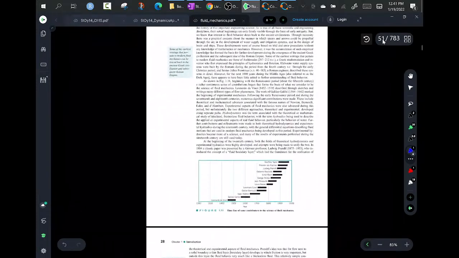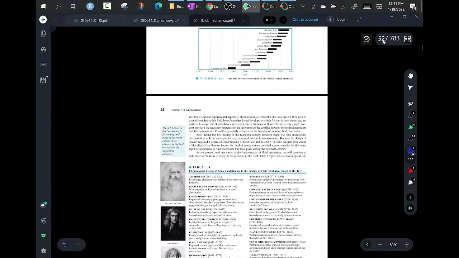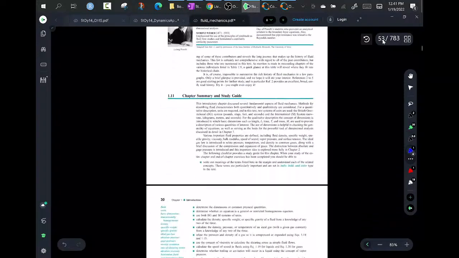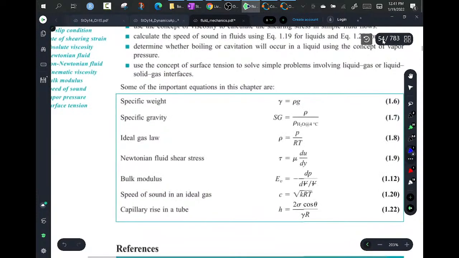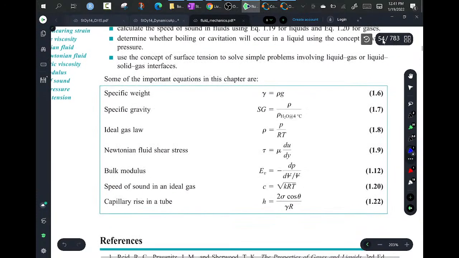So I think they're talking about history, and I think at this point, this is chapter 1. I would say, by all means, this is the equation. So here, the ones you absolutely need to know, this one.